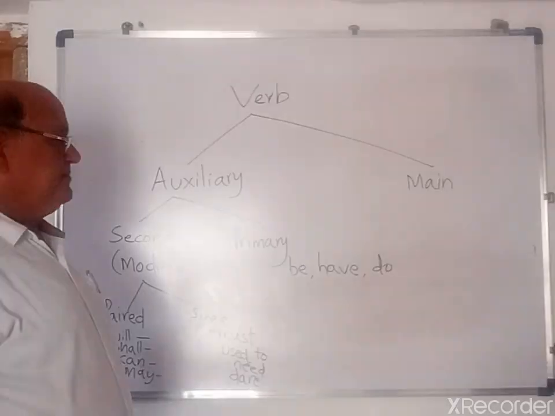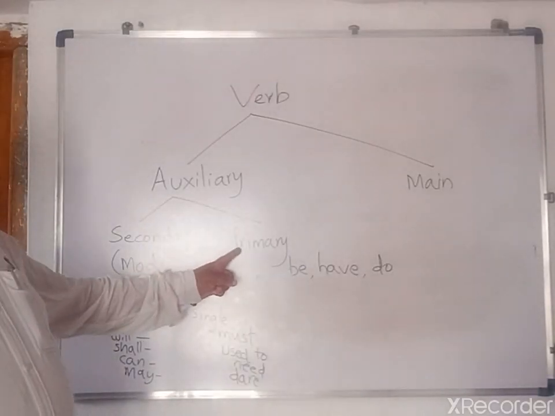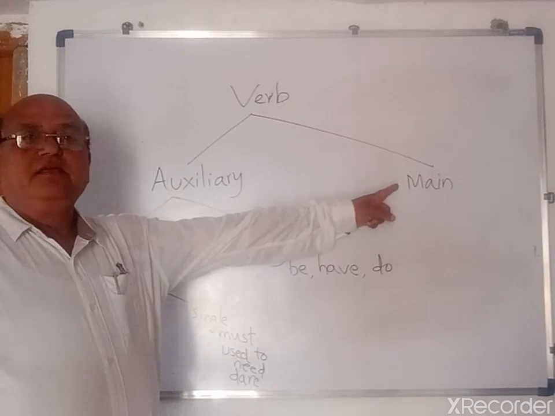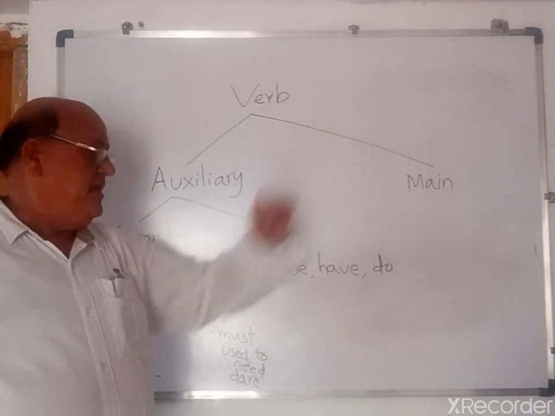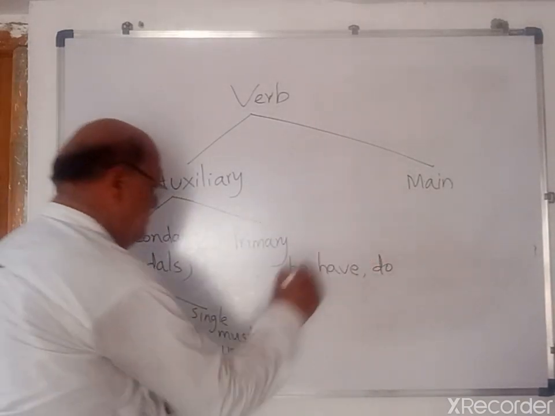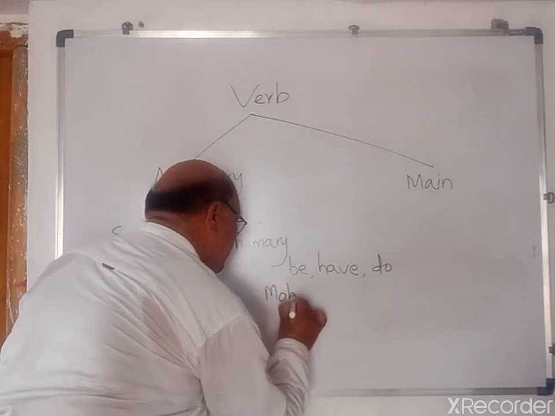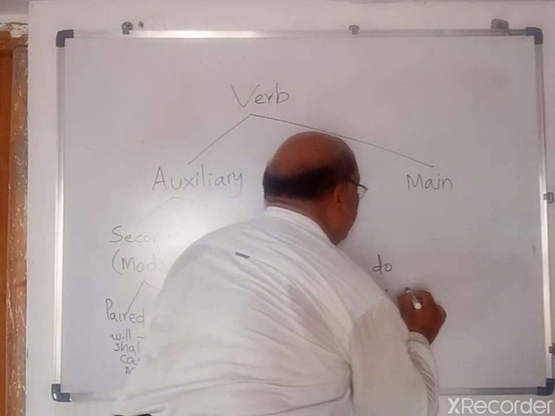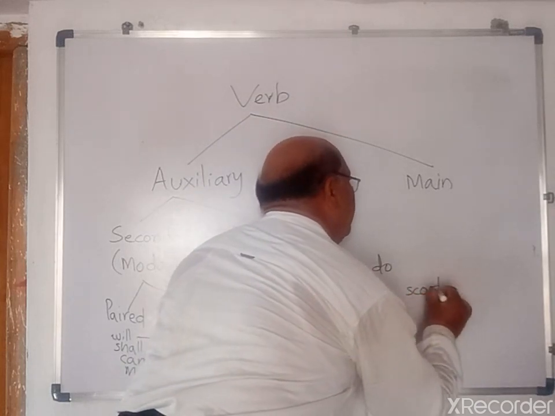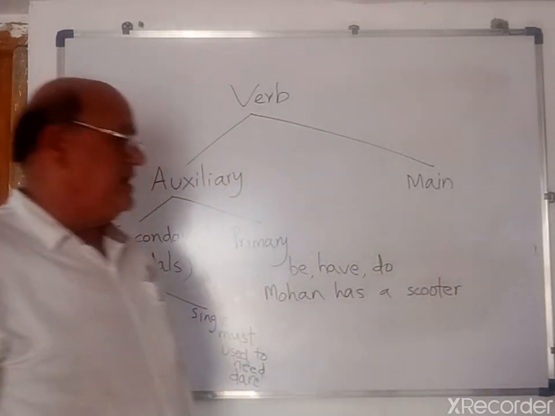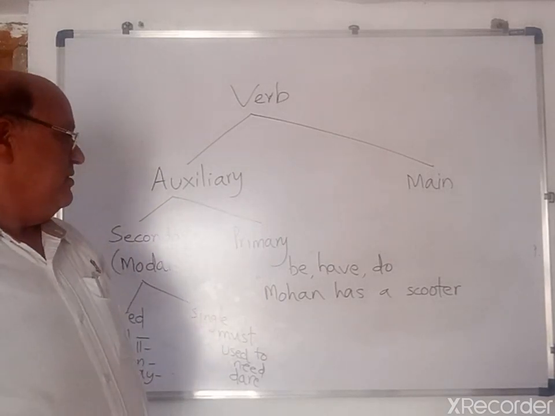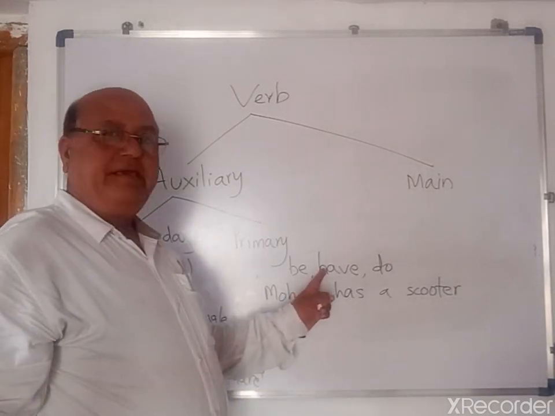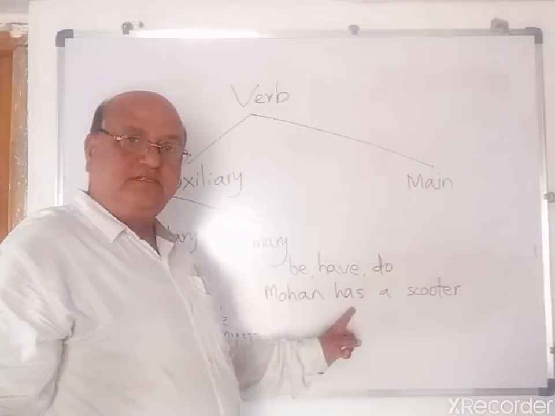See the difference. Primary: the students are playing in the field. Are playing. Mohan has a scooter. So have type verb has.